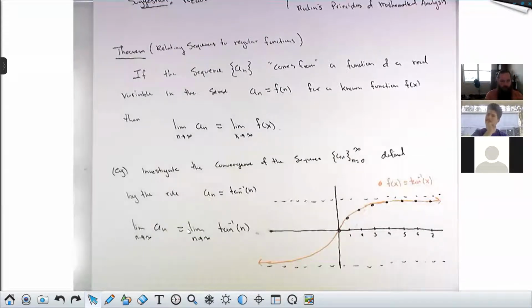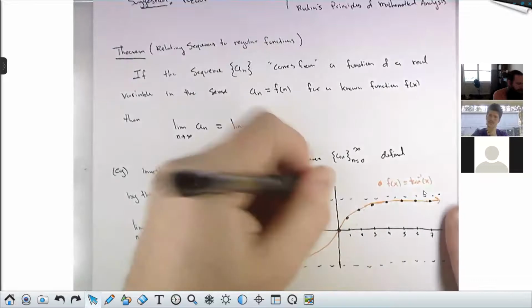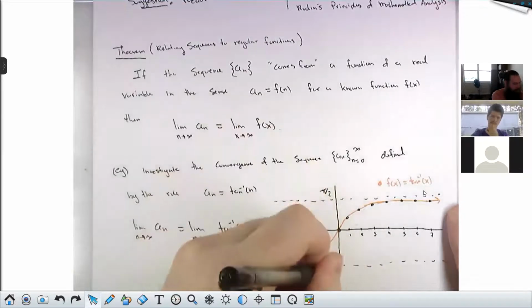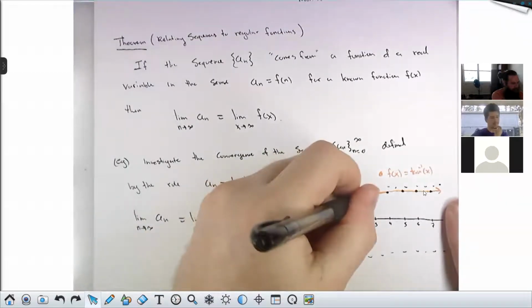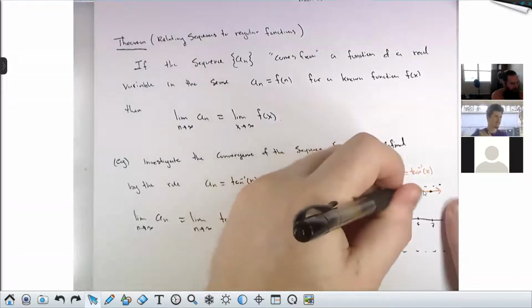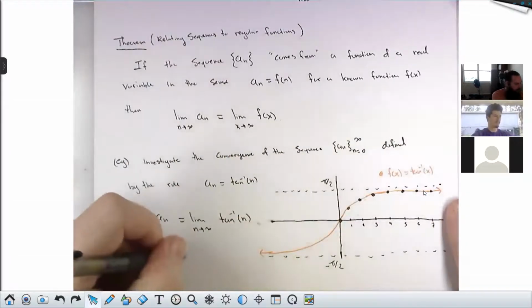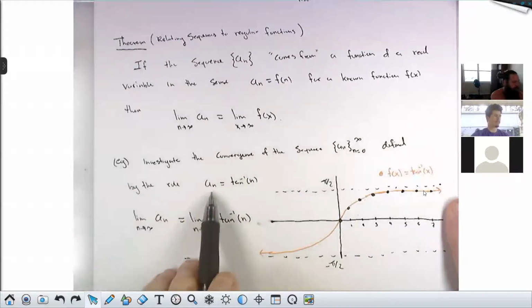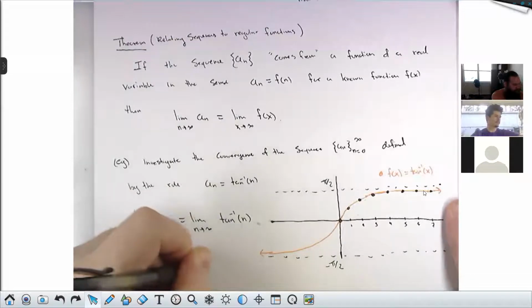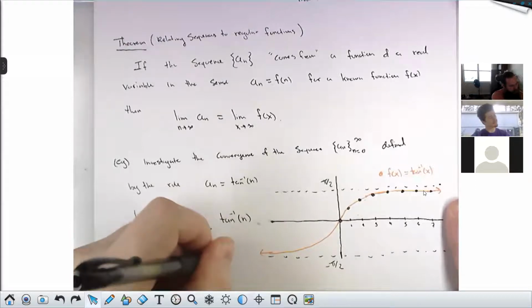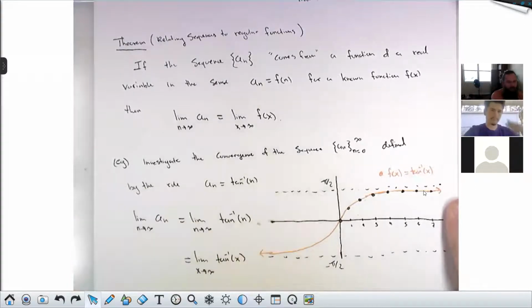Even though I don't know anything about algebra stuff that I can do here, I do know what the limit as x goes to infinity of the inverse tangent of x is. That's coming from the horizontal asymptote, really just one of them, of the arctan function. So I would say, because a_n is inverse tangent of n, this would be the same as the limit as x goes to infinity of the inverse tangent of x.